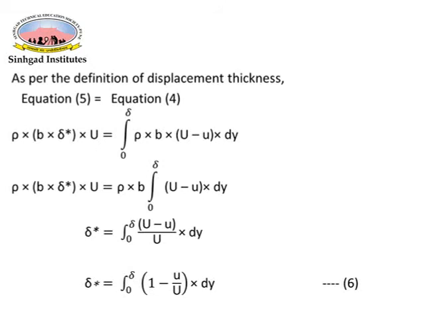Therefore, rho b delta star U equals the integral from 0 to delta of rho b (U minus u) dy. Therefore, rho b delta star U equals rho b times the integral from 0 to delta of (U minus u) dy.